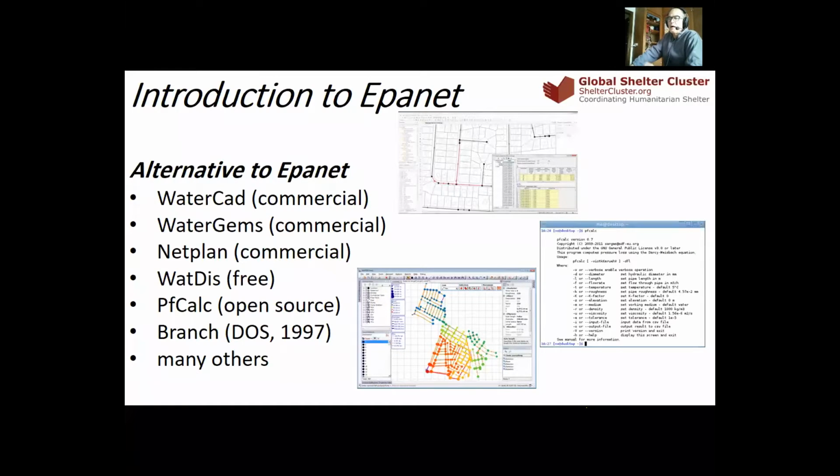To be honest, I've never used WhatThis, but what I know is that it's very compatible with Epanet. So in case you want to understand Epanet better, it might be a good idea to check WhatThis as well. You can find it on the internet. You Google it and you download it. So we are going to work with Epanet this time.